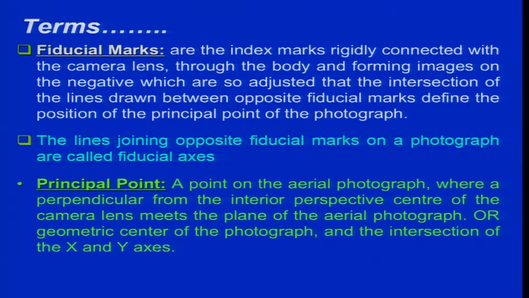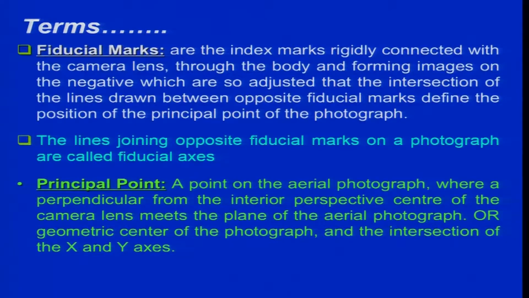Principal point: a point on the aerial photograph, okay, where a perpendicular from the interior perspective center of the camera lens meets the plane of the aerial photograph, or the geometric center of the photograph and the intersection of the x and y axes. Okay.